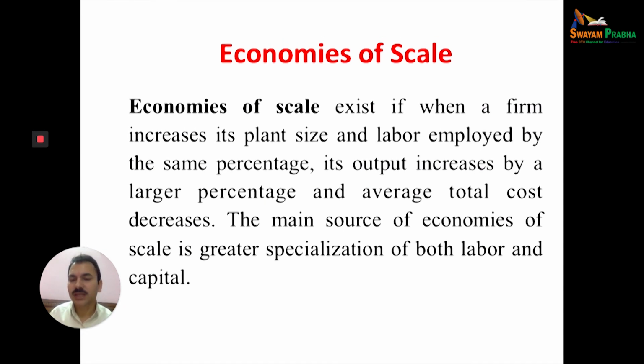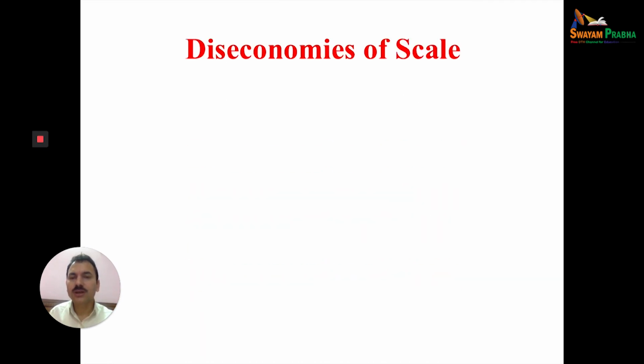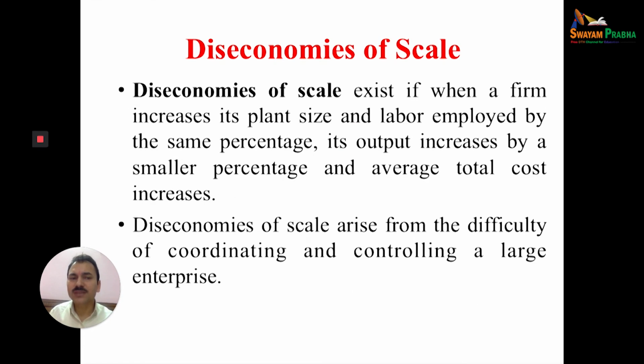Now the firm has economies of scale, but this is more due to specialization, both labor as well as capital. Whereas diseconomies of scale exist when a firm increases plant size and labor by the same percentage, but the output increases by a smaller percentage. This means that if the output increases by more than the rate at which the firm changes the plant or labor, there are economies of scale.